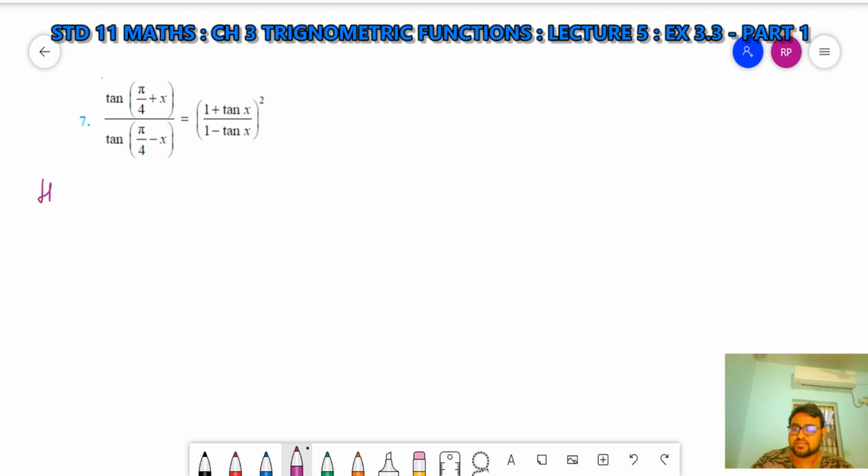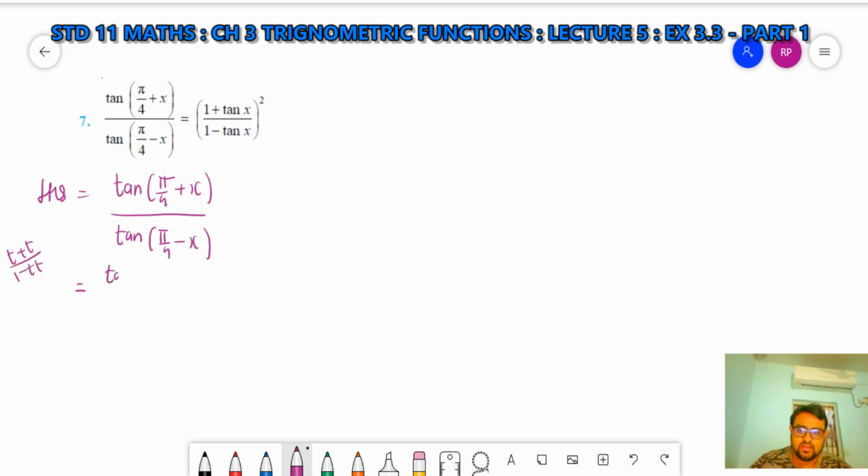Let's take LHS: tan(pi/4 + x) upon tan(pi/4 - x). So tan(alpha + beta), what is the formula for tan(alpha + beta)? I have to write down (t + t) upon (1 - tt).